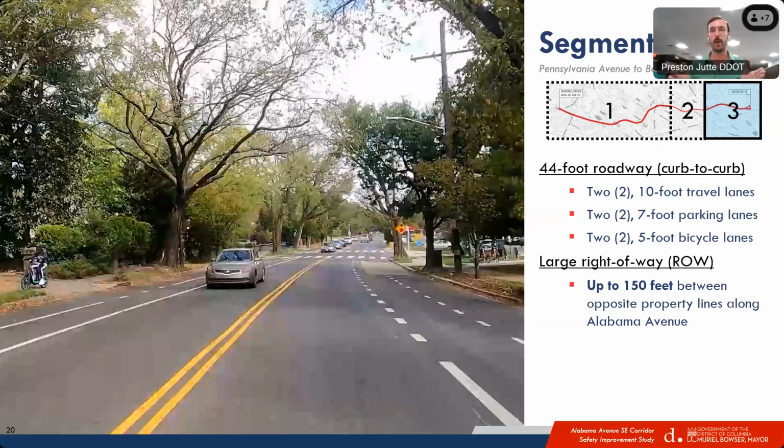So between opposite property lines, we haven't necessarily discussed whether there are other ways that we could accommodate some of these needs to have a safe place to bike, scoot, get out with a stroller, that maybe is not between the curbs. We want to fully explore those options and get your thoughts on whether those are worth pursuing, particularly because it could change our approach elsewhere in the corridor about how to balance those needs and concerns.